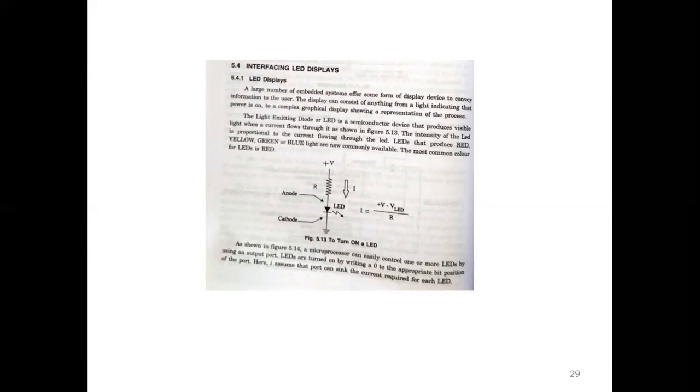A large number of embedded systems offer some form of display device to convey information to the user. The display can consist of anything from a light indicating that power is on to a complex graphical display showing a representation of a process. The LED is a semiconductor device that produces visible light when a current flows through it.